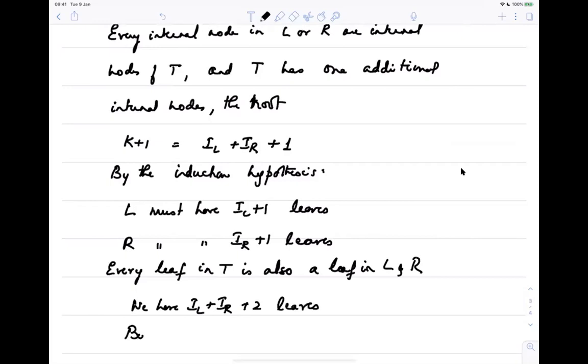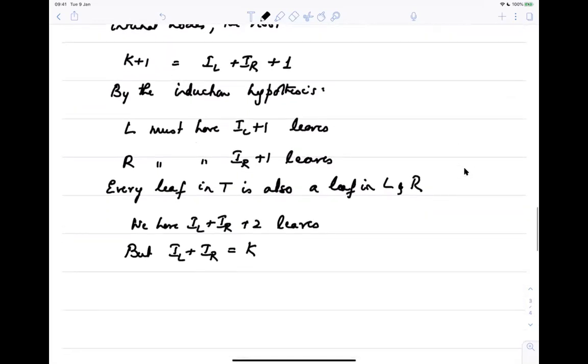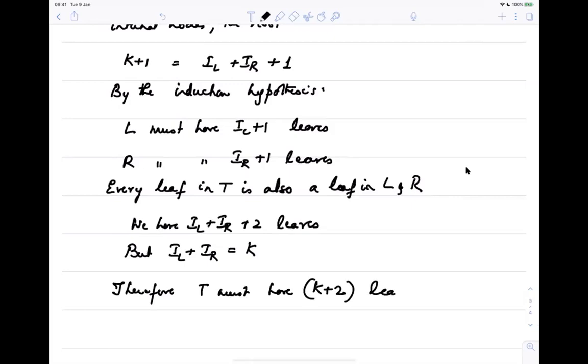But IL plus IR equals k. Therefore, T must have k plus 2 leaves.